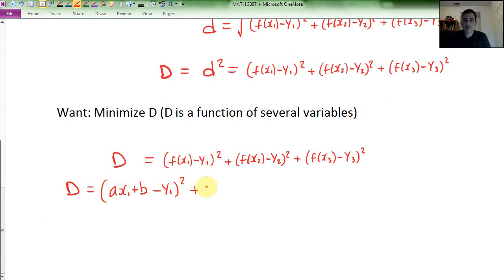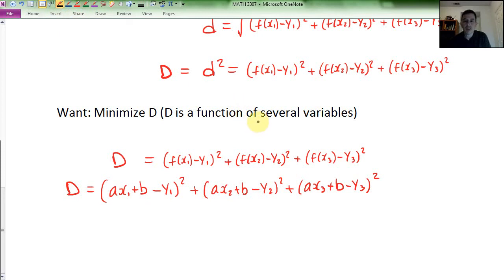Then if you expand the second one, that would be ax2 plus b minus y2, and then ax3 plus b minus y3, all squared.